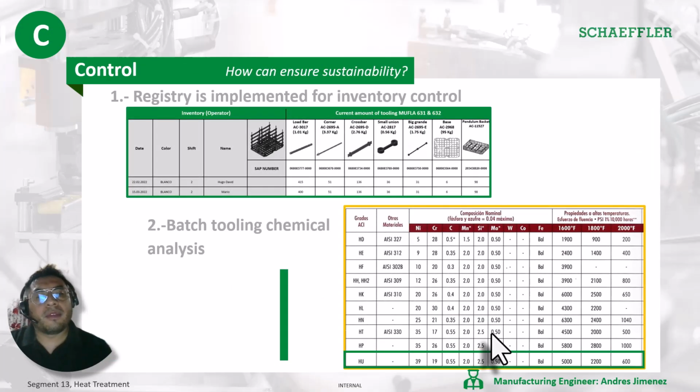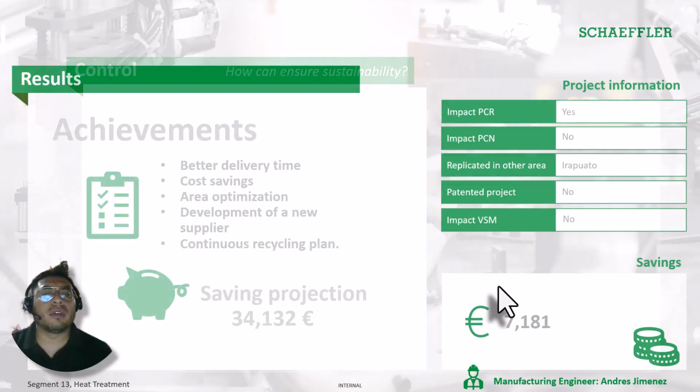Finally, in the letter C, we implemented a control to do an inventory per week. And on the other hand, when we develop the tooling, we ask for a chemical analysis for each tooling that we buy from the new supplier.